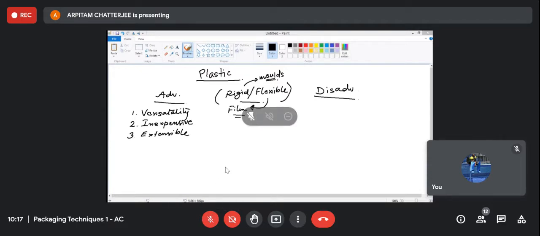So for example, BOPP, then OPP. You have so many versions, because according to your requirement, you can change the composition and you can get your desired result. You can actually bring the different characteristics. So that is why we can call plastic a very extensible material.